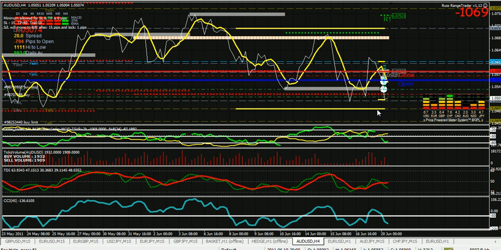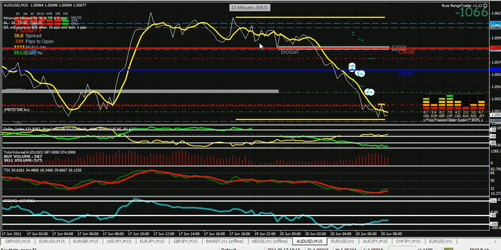I hope that gives you another idea of using the Bosuns lines in the 4-hour and looking at a potential scalping trade in the 15 minutes, and in the 15 minutes the scalp on there would be about here if you're using the CCI, and looking at your general thing.